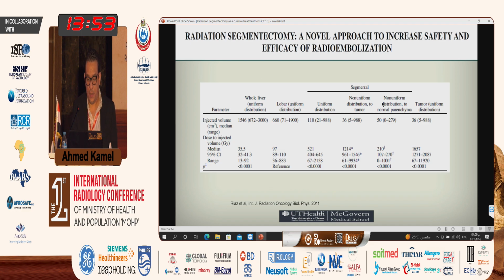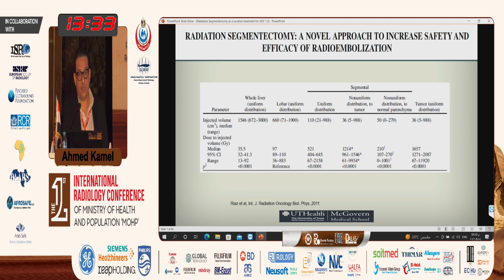This is the first study, described by Riaz as a radiation segmentectomy, in 2011, almost 12 years ago. They used a uniform dose distribution of around 500 grays, which is much more than the roughly 120 recommended by the vendor.